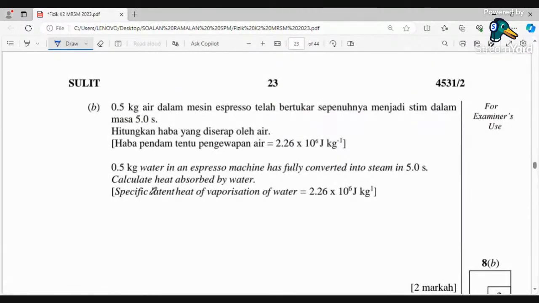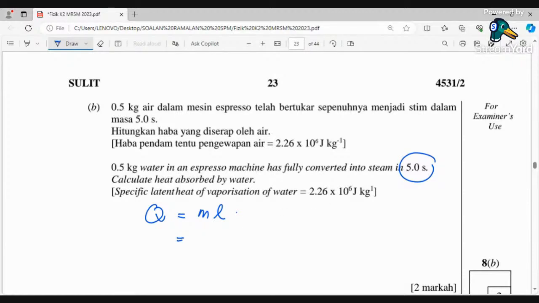Okay, 0.5 kg of water in the espresso machine has fully converted to steam in 5 seconds. Calculate the heat absorbed by the water. Heat absorbed by water ialah Q equals to ml. Semua sudah jadi steam kan? Jadi mass berapa?